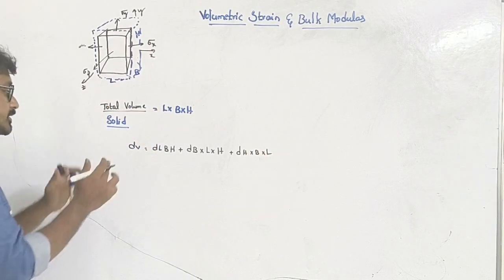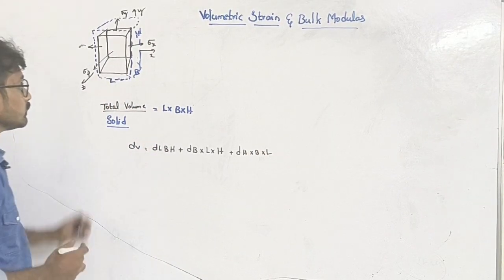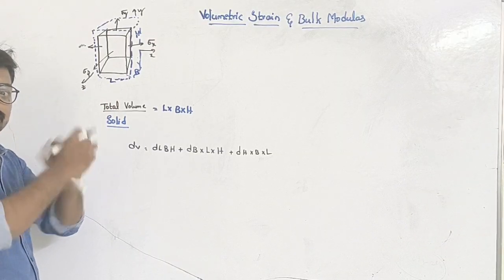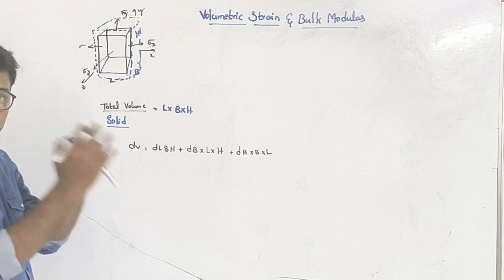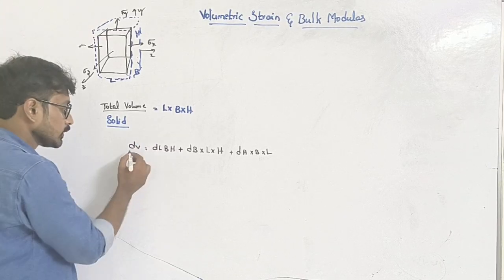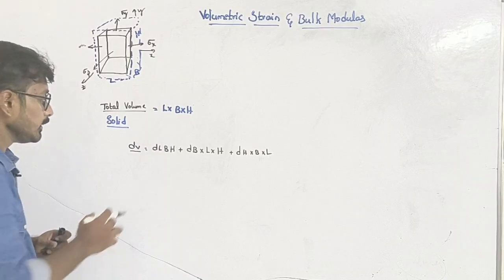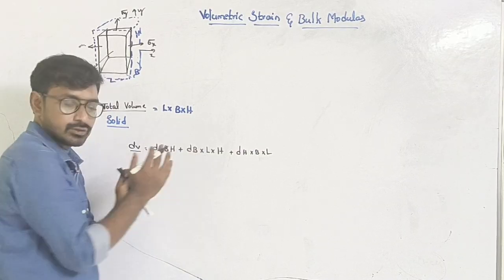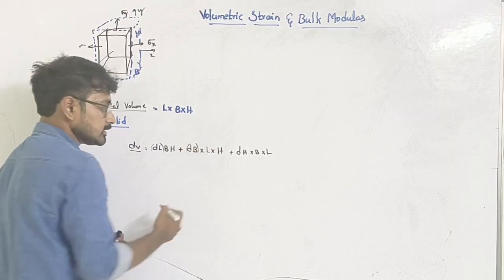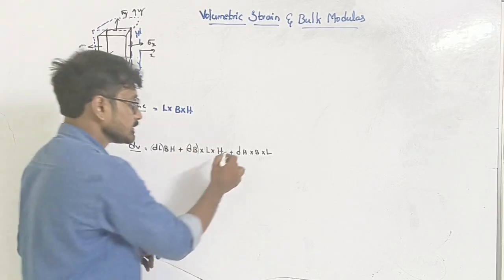So why did the change in volume become this? Because whenever the body is elongated, there will be a change in the length, a change in the breadth, and a change in the height also. So delta L is the change in length, delta B is the change in breadth, and delta H is the change in height.